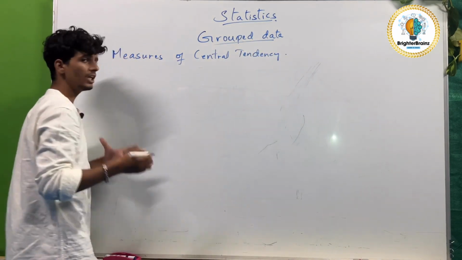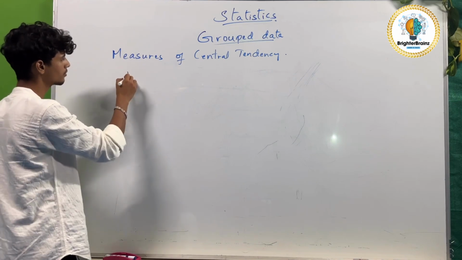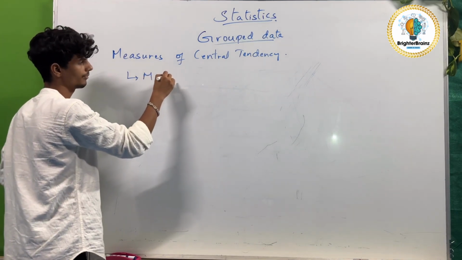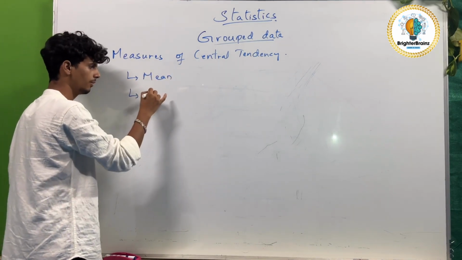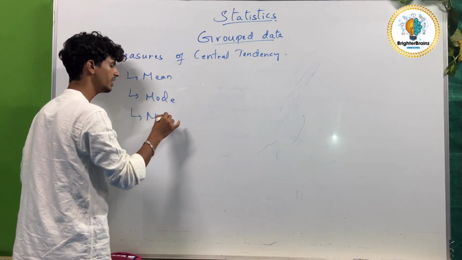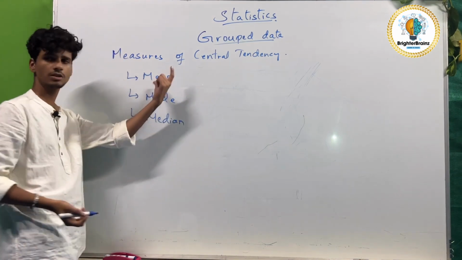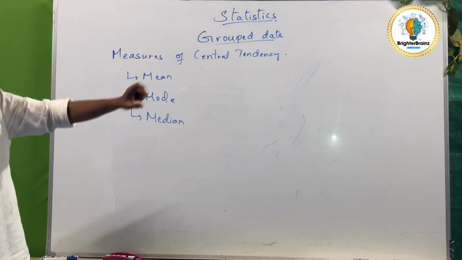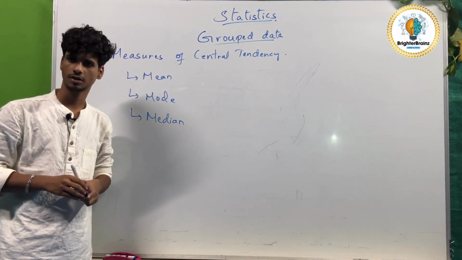What are the three measures of central tendency? The first one is mean, the second one is mode, and the third one is median. So these three are called measures of central tendency.